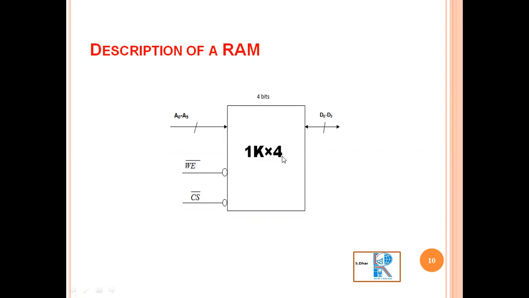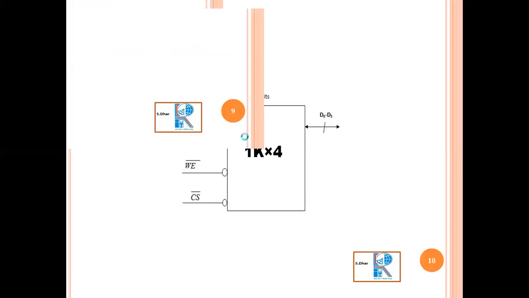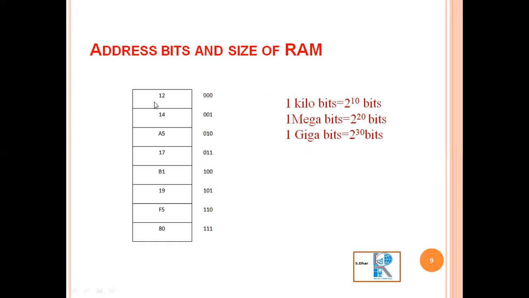So what is the 4? This 4 is the width of the RAM. Okay, this is the height of the RAM, that means the number of addresses in the RAM, and this is the width, that means the total number of bits that can be stored here. Go to the previous example, see here. What is the width here? Here we have used the hexadecimal code and 2 digits are used here.